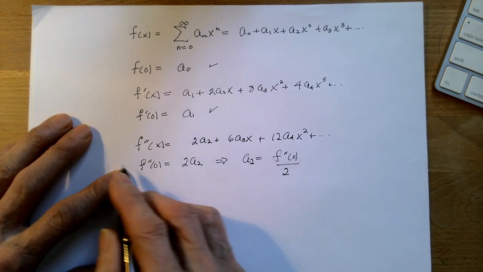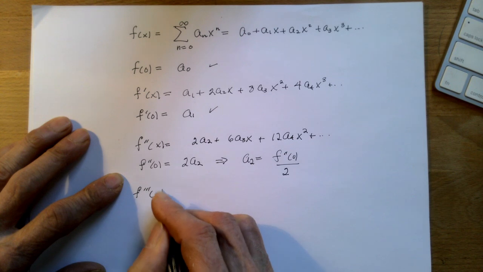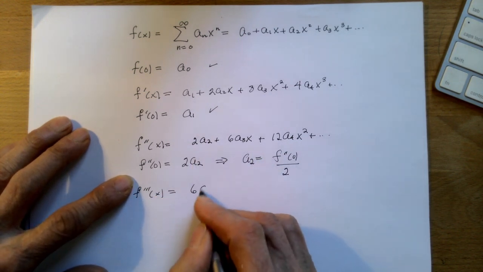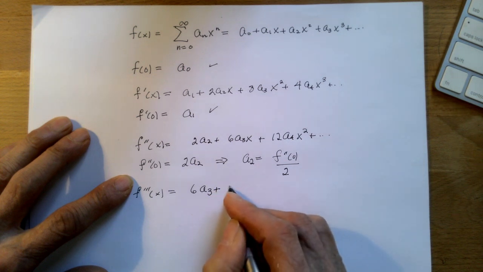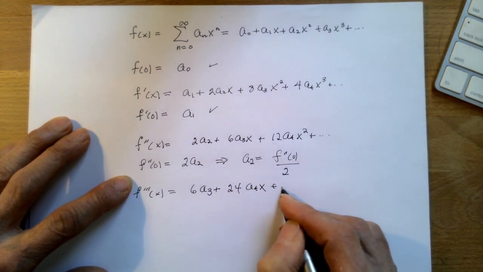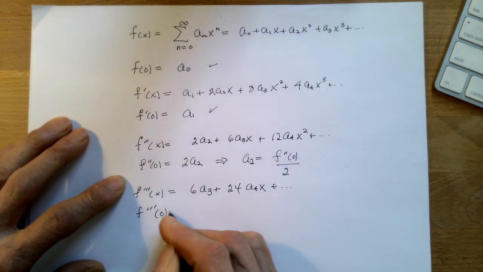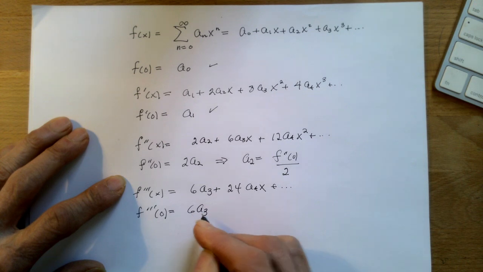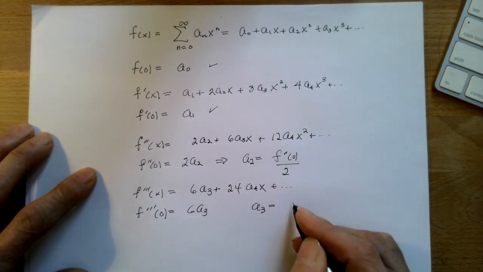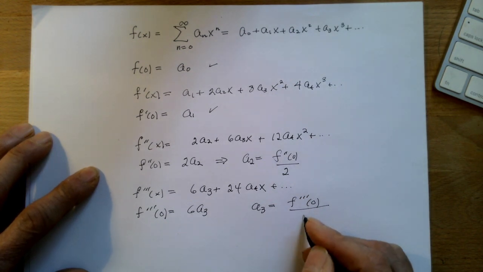Okay, let's try it one more time. Let's take the third derivative. 2a2 goes away, and we would have 6a3 plus 24a4x plus dot dot. And again, we plug in 0, and we get an equation for a3: a3 is equal to the third derivative at 0, divided by 6.